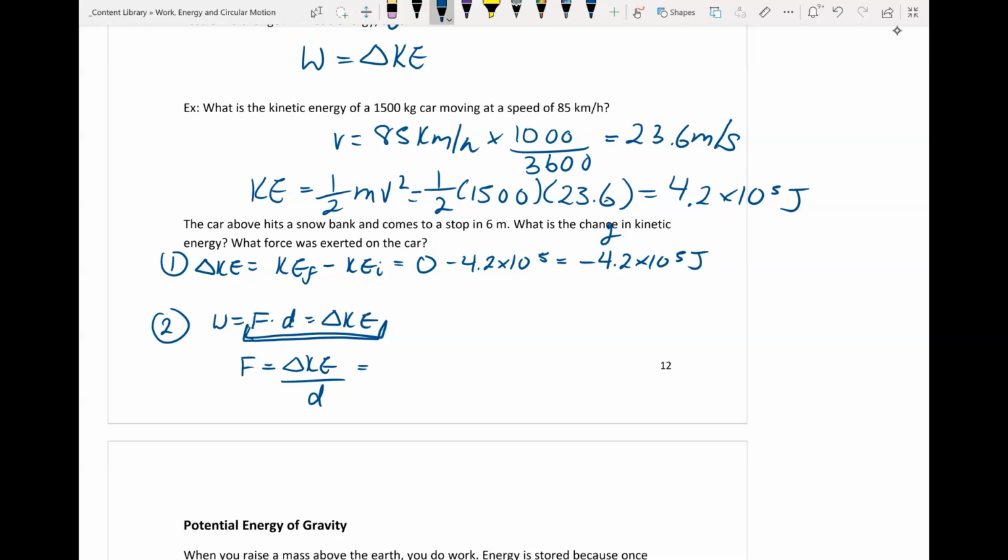Our change in kinetic energy we just found is 4.2 times 10 to the power of 5. Now it was negative, and then we're going to divide it by the distance traveled, which is 6 meters. So our final answer for the force exerted on this car is negative 7 times 10 to the power of 4 newtons.